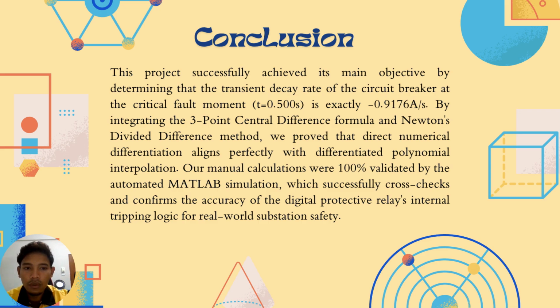Our manual work was completely validated by the MATLAB simulation, giving us high confidence in the accuracy of the data. Ultimately, this multi-method framework is crucial for real-world engineering as it ensures that the internal tripping logic of digital protective relays functions correctly to prevent catastrophic failures in electrical substations.